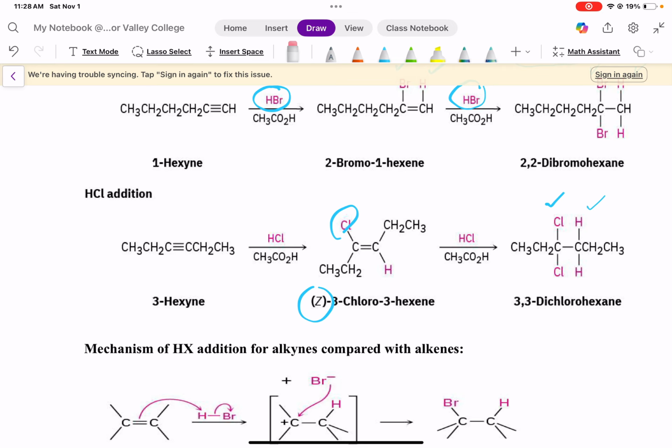But when you do the easy nomenclature, it may look like a trans, but it's actually a cis, because chlorine has higher priority compared to ethyl, because its atomic number, chlorine, is 17.